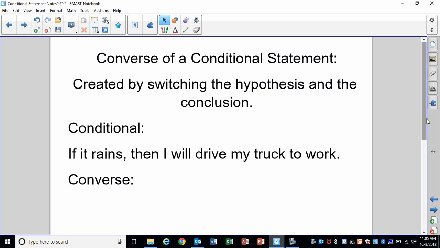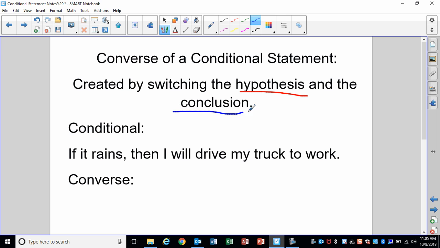So, looking here, we're going to talk about what is called the converse of a conditional statement. The converse of a conditional statement is created by switching the hypothesis and the conclusion. We're going to switch those orders. So in this original conditional statement, my hypothesis is it rains, and my conclusion is I will drive my truck to work.